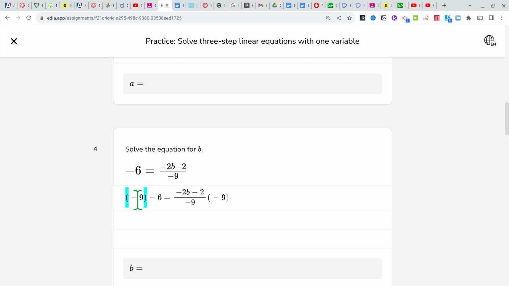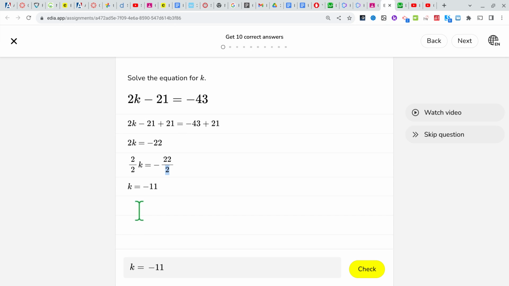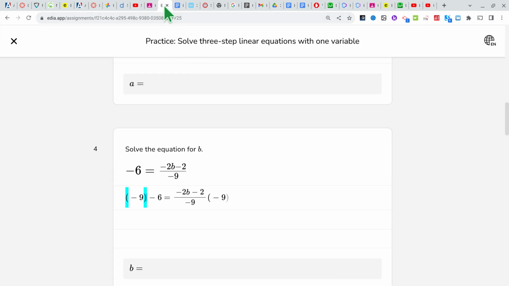So negative 9 times negative 6, if you don't know, you can go here and put negative 9 times negative 6 is 54. This is going to become 54 equals.